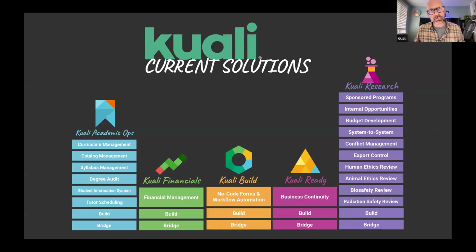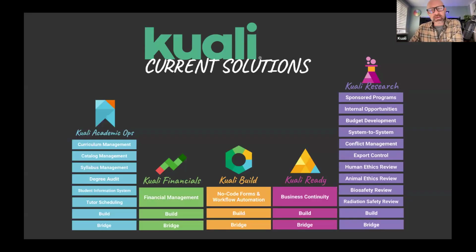We have a no-code forms and workflows tool for automating and digital transformation across your university. A business continuity solution for your emergency managers to make sure you have plans in place for every possible scenario that could happen at the college or university. And finally, a very robust and full suite of tools dedicated to research departments for managing research.